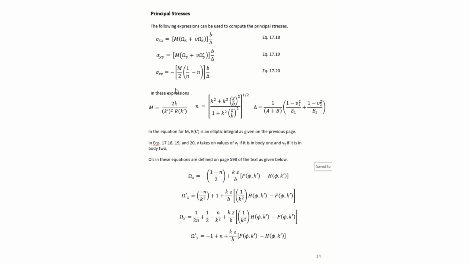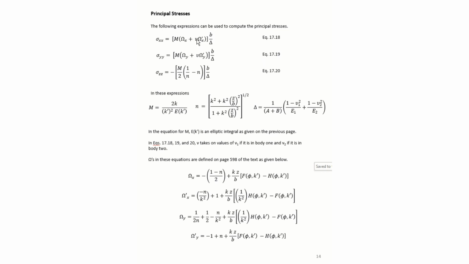Then we have omega, and the omegas come from these expressions down here. So omega x is given by this equation, where f and h are elliptic integrals. These equations are given on page 598 of your textbook, and these equations are given as these equation numbers here.